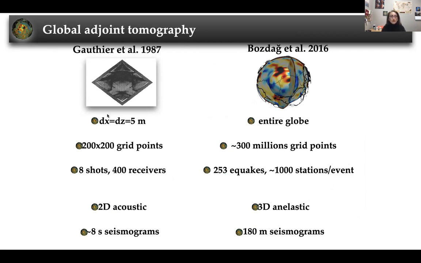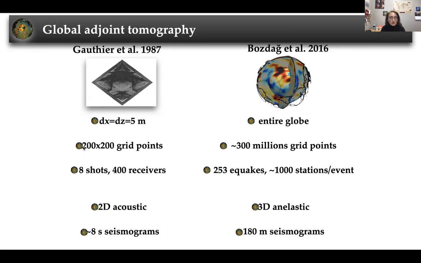So here is a comparison to give you an idea about what they did in 1987 with this 2D problem and what we tried to do more than 30 years later in 2016. In their problem, it's a very small 2D body, like 1 kilometer by 1 kilometer.